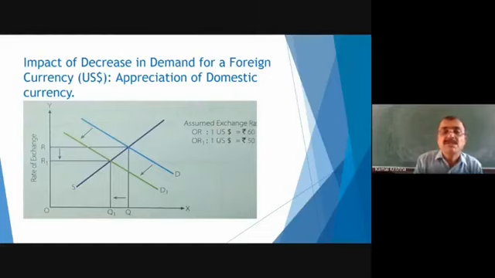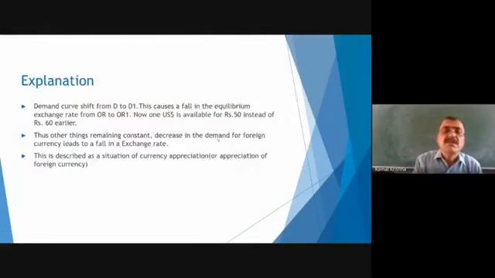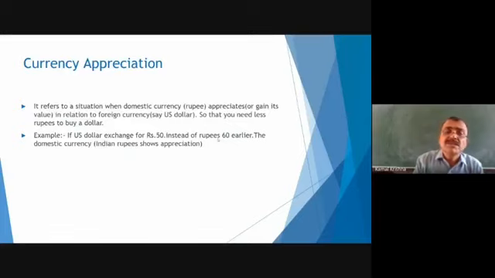So this is called what? Appreciation of currency. Now students, we see the currency appreciation definition. What is the definition of appreciation? It refers to the situation when the domestic currency appreciates or gains its value in relation to the foreign currency.